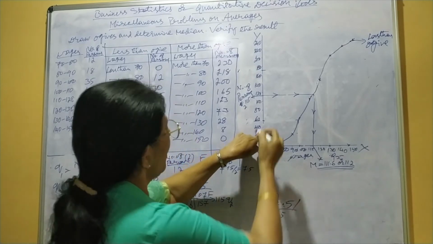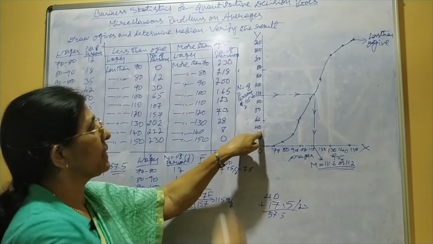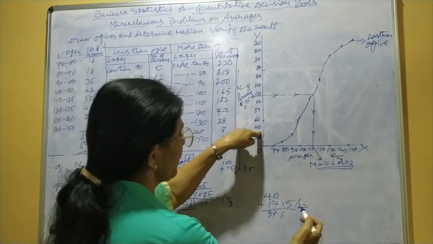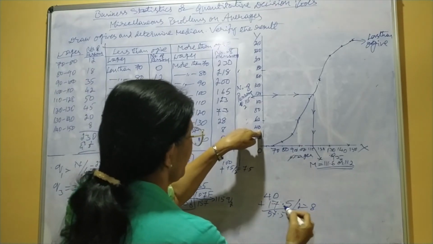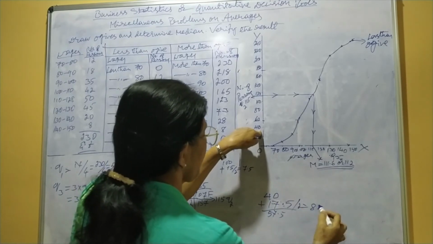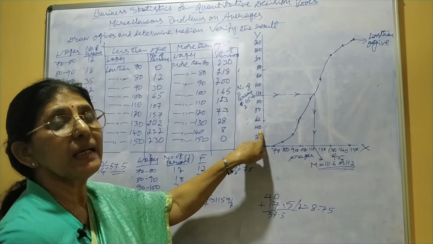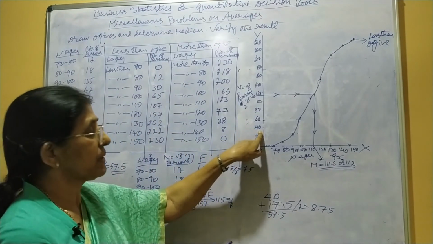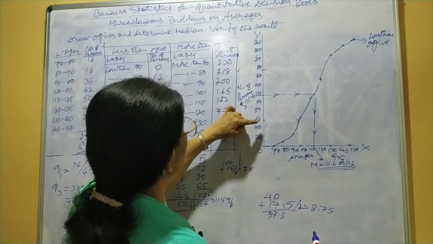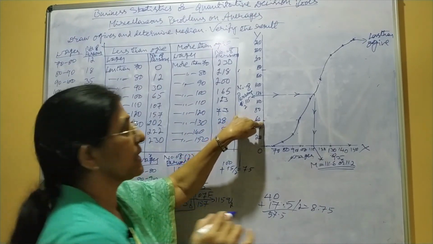That is 57.5. Now after 40, how many millimeters to be taken means, each millimeter on the y-axis measures 2. Therefore divide 17.5 by 2, that is 8.75. We cannot take 8.75 millimeters exactly. You may take 9 millimeters above 40 or 1 millimeter below 60.